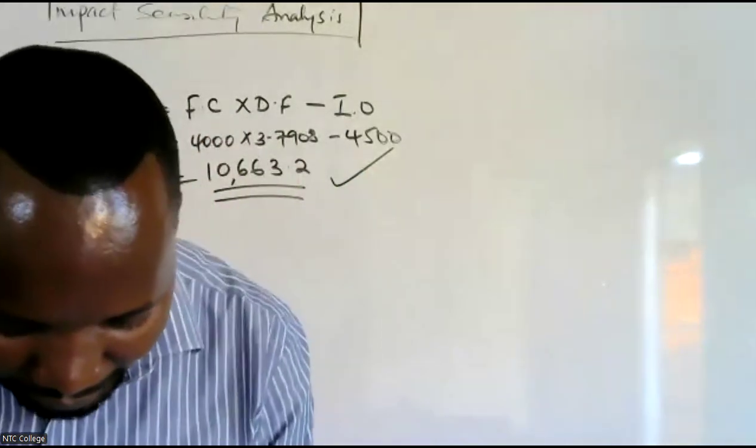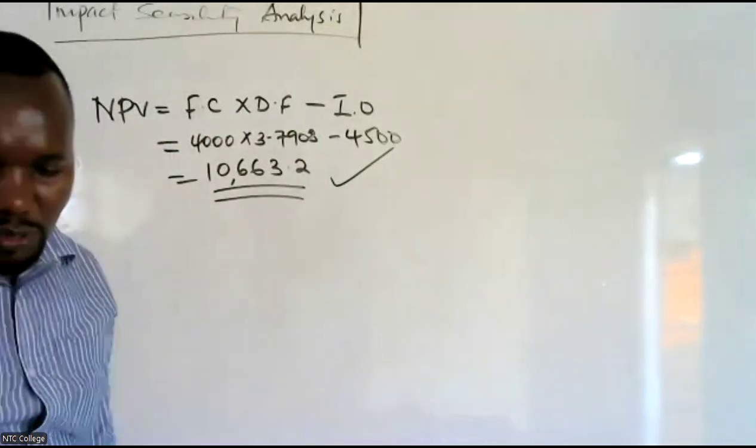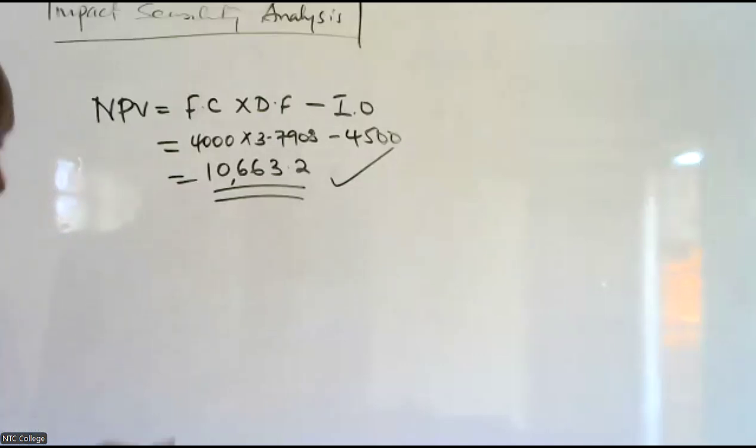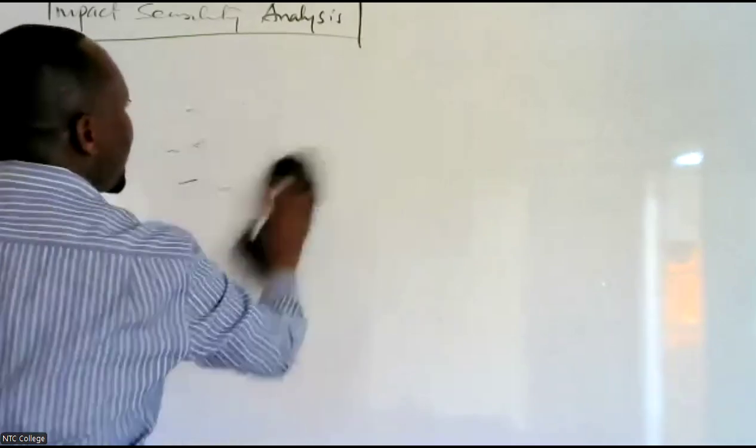But now, let's look at this carefully. So let's look at the sensitivity analysis of revenue. We are now solving Roman number 2.